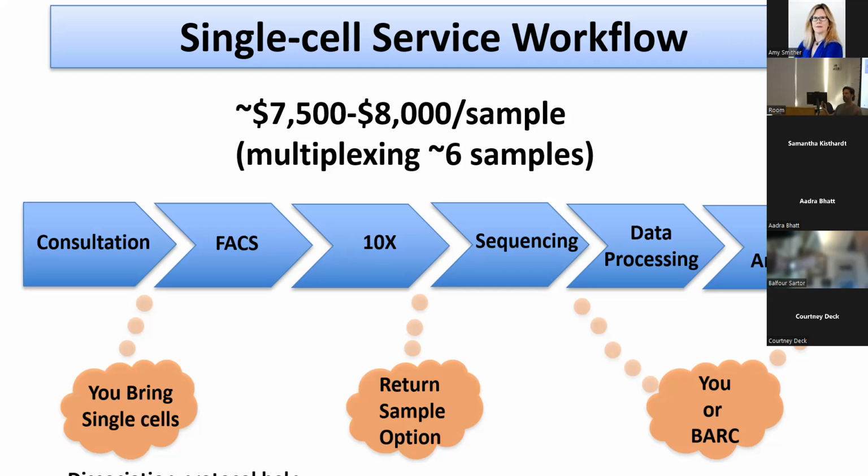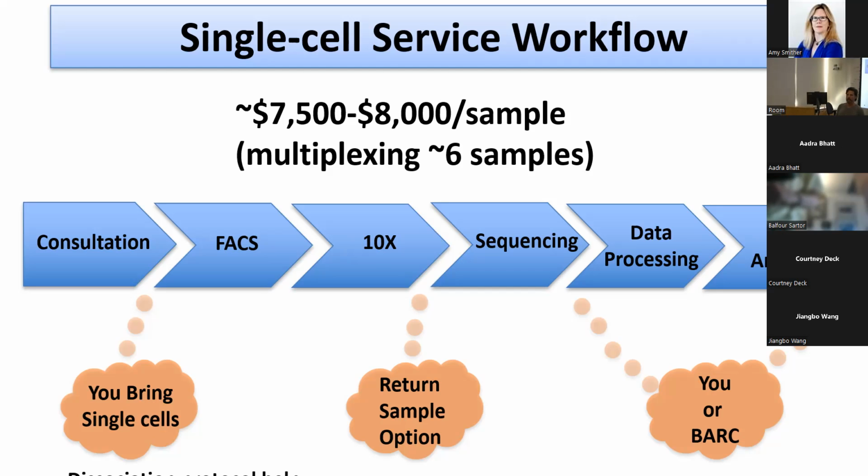That allows us to pool those samples in the very beginning and apply them to this very expensive part of the technology. Then after the sequencing comes back, we can deconvolute that data and find those 6 samples again. That essentially allows you to do 6 samples for roughly the same cost as 1. You get fewer cells in that case, but you get a lot more samples per cost. So those are things that we like to discuss during this consultation step.